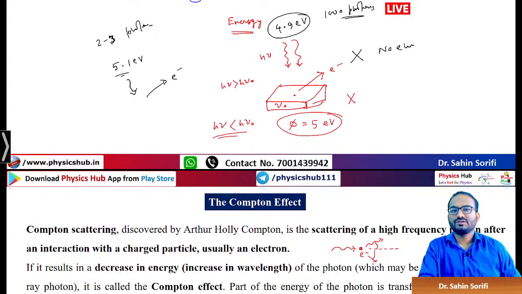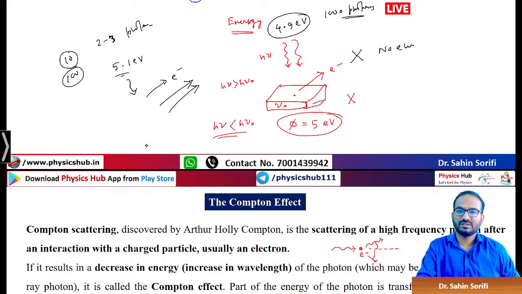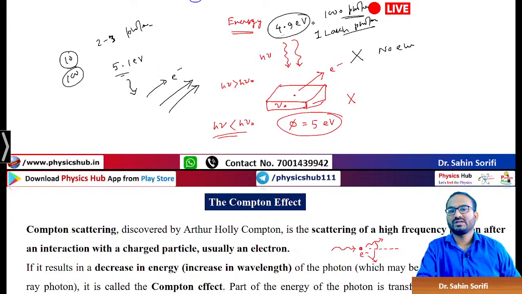Now instead of 2-3 photons, if you use, let's say, 10 photons, the number of electrons will be more. If you give 100, more photoelectrons will be ejected. And in this scenario, at 4.9 electron volt, if you send 1 lakh photons of energy 4.9 electron volt, there will be no electron.